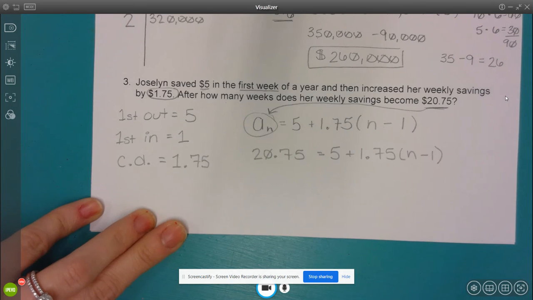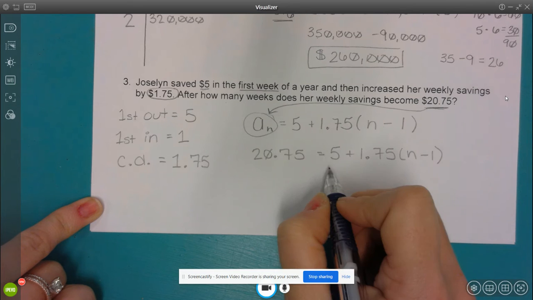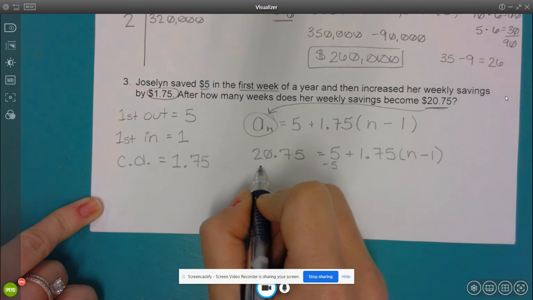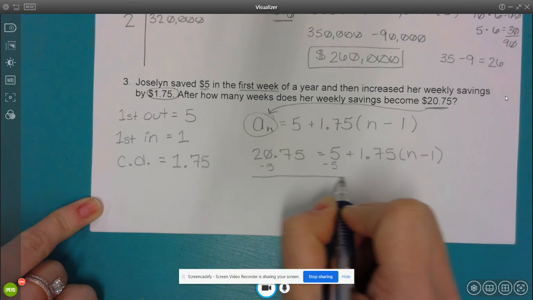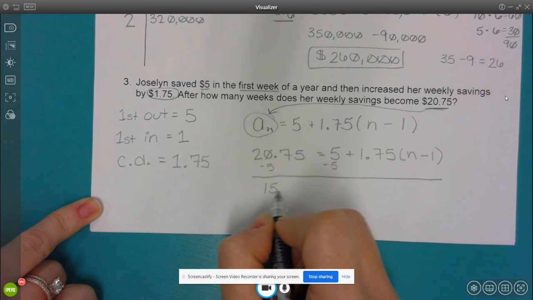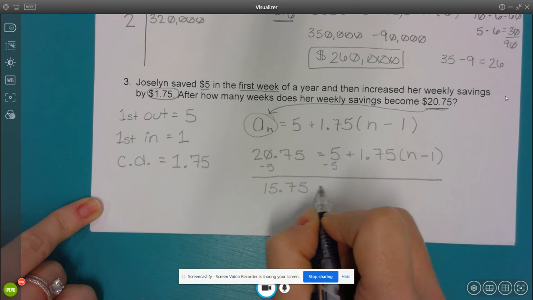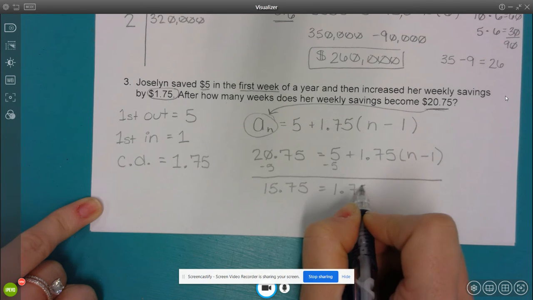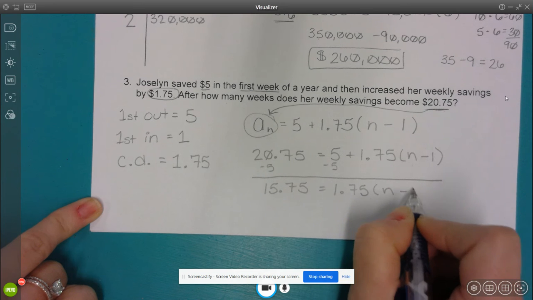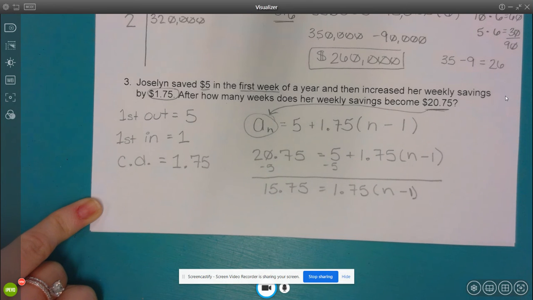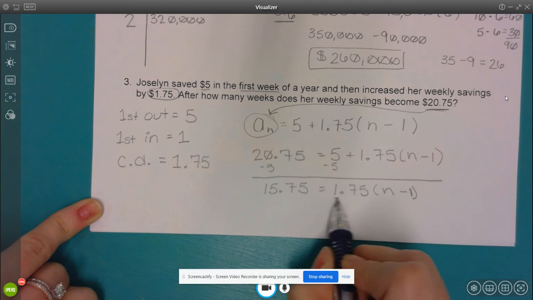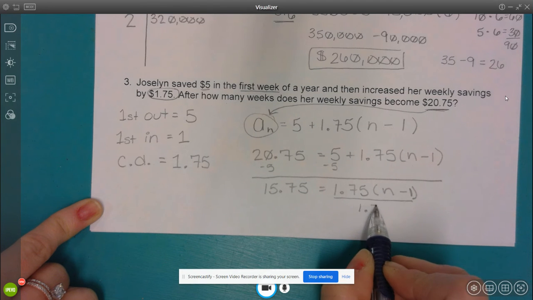The first thing I would do is subtract 5 from both sides. So I'll have 15.75 is equal to 1.75 times n minus 1. Now you can distribute or you can divide. It doesn't matter. You'll get the same result in the end. I'm going to go ahead and divide first.